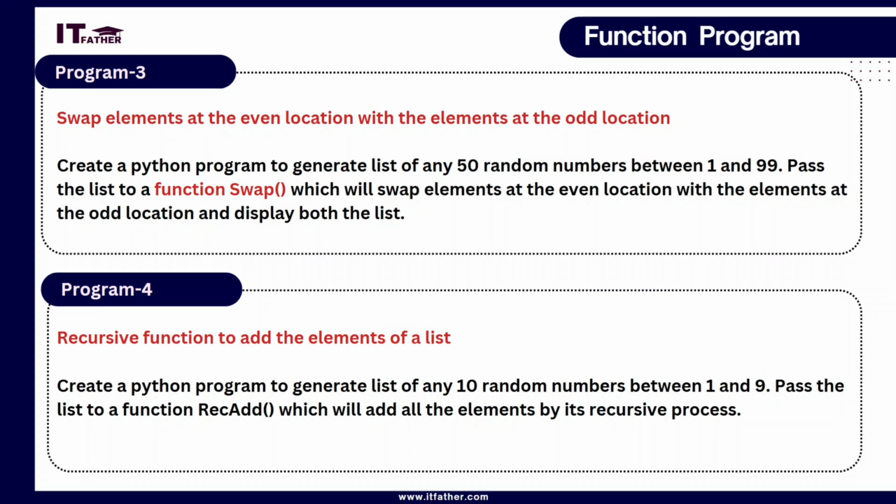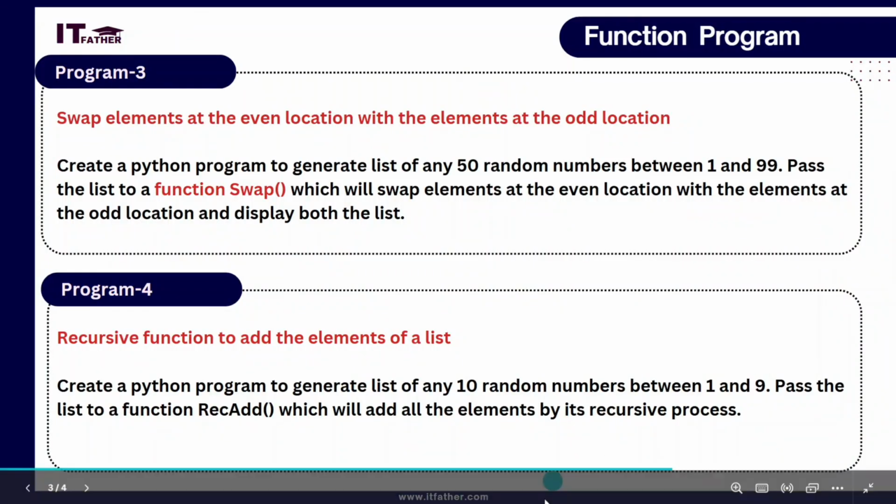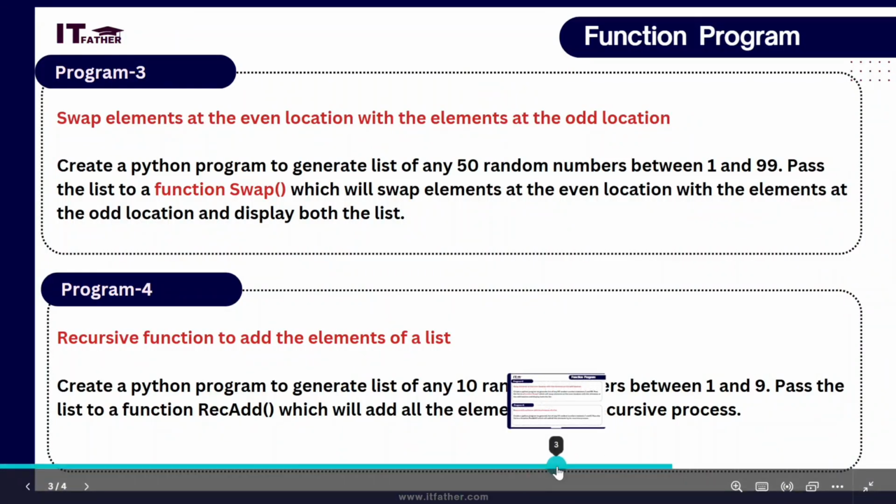So let's do it. The program is very simple, and we have to understand the step by step process. Okay, now we have opened Python IDLE. First of all we have to define a function using the keyword def, and the name of the function should be swap.